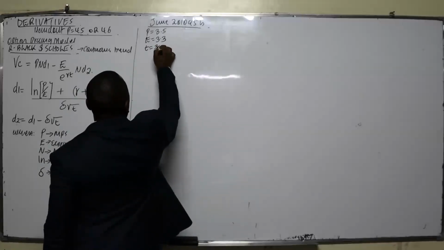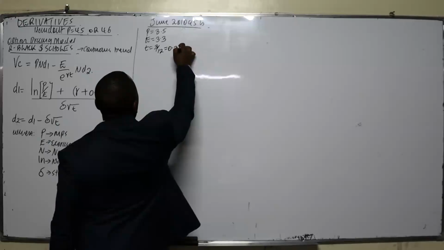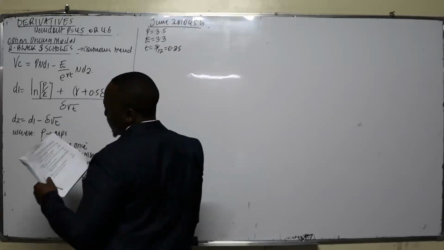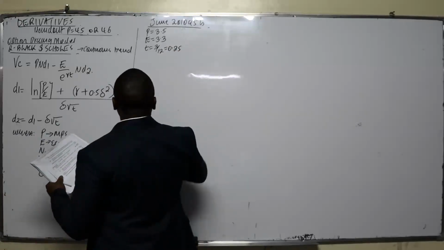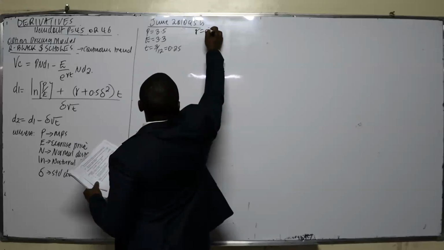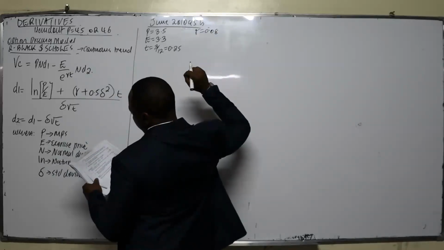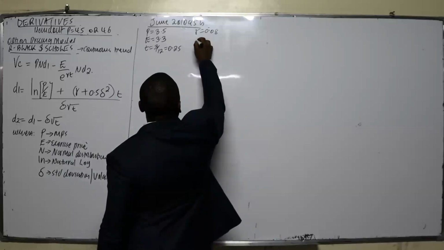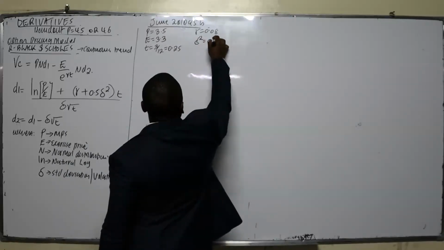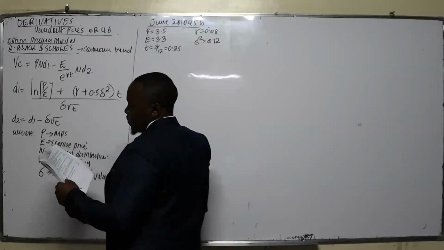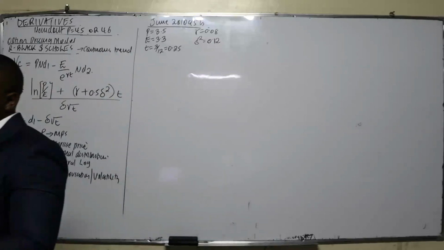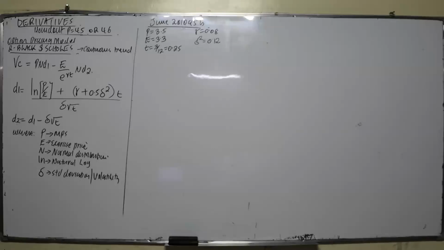T is 3/12, a quarter, which is 0.25. Risk-free rate is 8%, R is 0.08. And the variance on the rate of return on the share is 12%. Variance is standard deviation squared. Required: determine the value of the call option using the Black-Scholes.